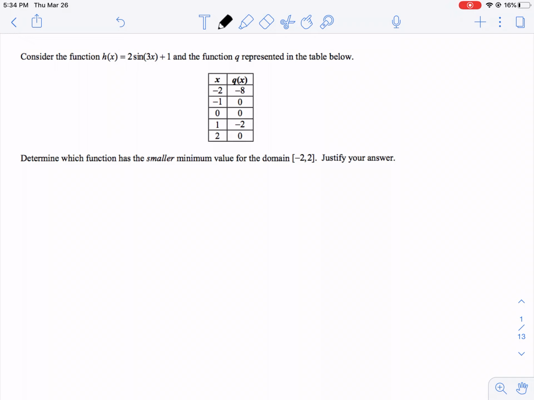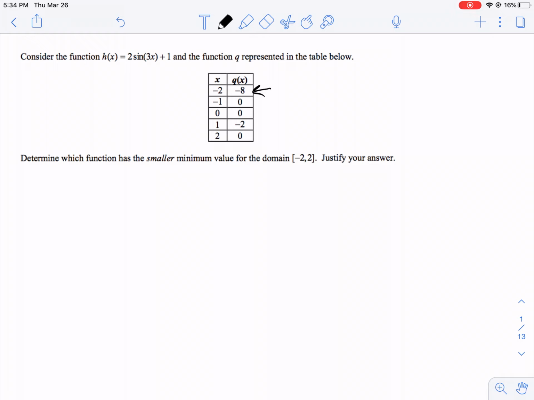Consider that trig function and the function represented by Q. Determine which function will have a smaller minimum value for the domain -2 to 2. Well, the smallest value of Q is -8, so make sure your calculator's in radians and go get yourself a table. Y equals 2 sine 3x end parentheses plus 1.